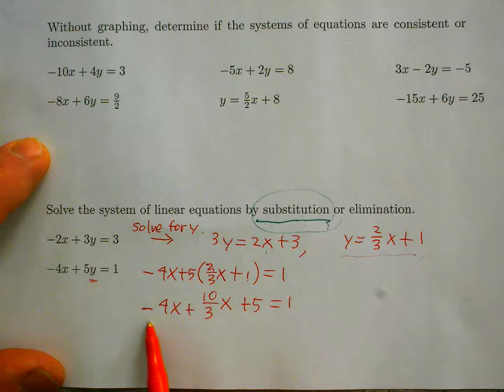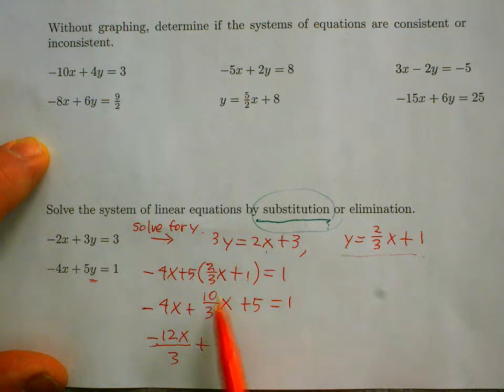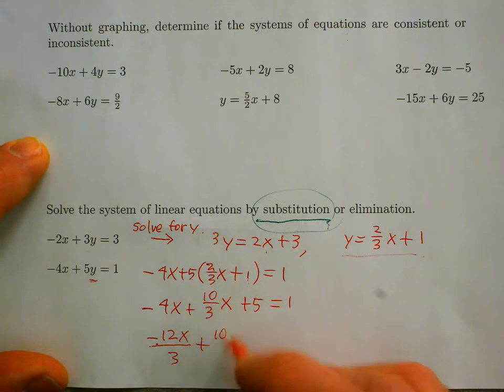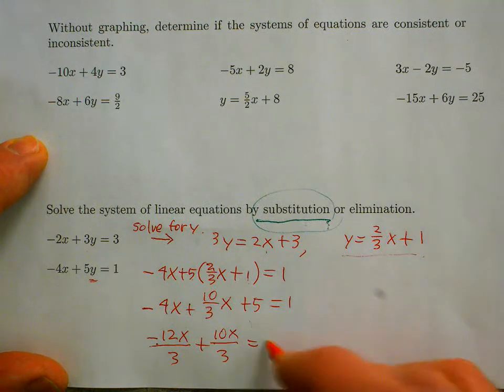And we have to combine like terms on the left-hand side, and we'll subtract 5 from both sides too. So negative 4x, when I replace that with a term that has a denominator of 3, this will become negative 12x over 3. And 10/3 x is plus 10x over 3. And then subtract 5, we get 1 minus 5 is negative 4.